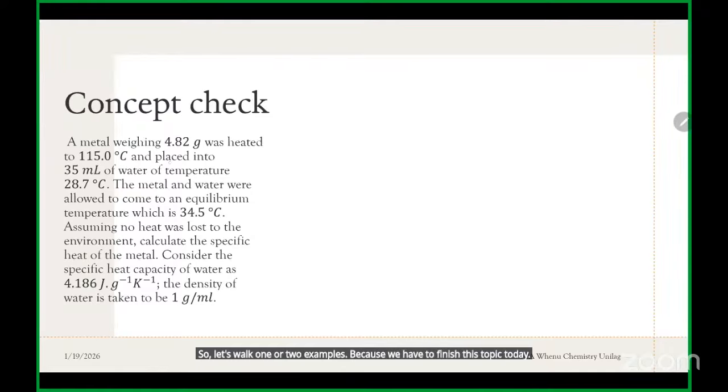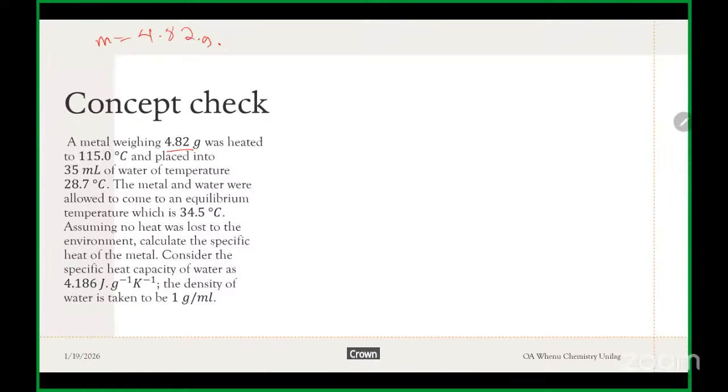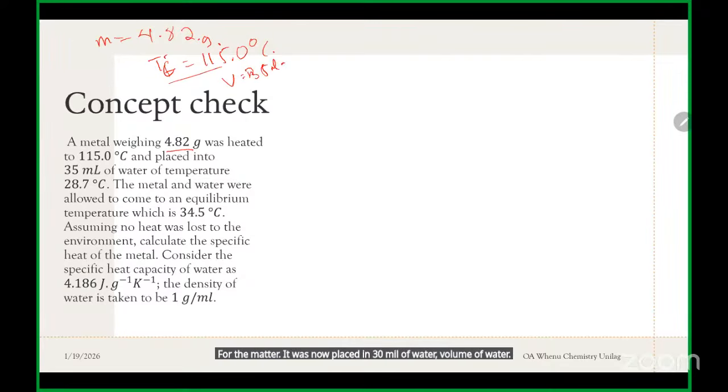A metal weighing 4.82 gram was heated to 115.0 degrees, so that's the initial temperature for the metal. It was now placed in water, volume of water 35 ml.